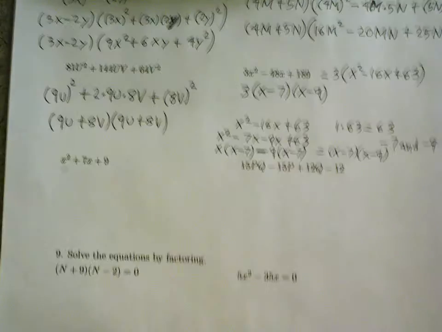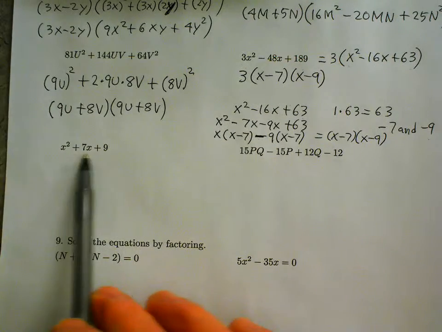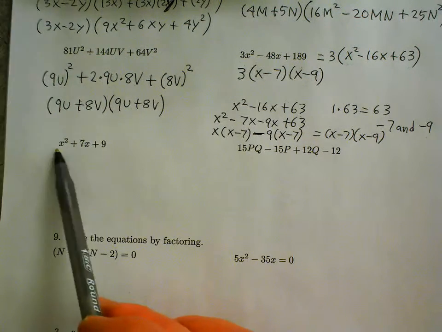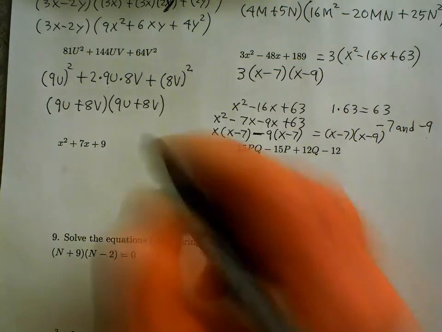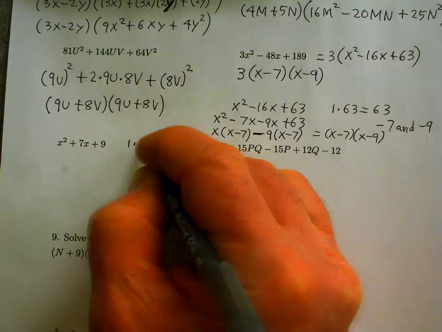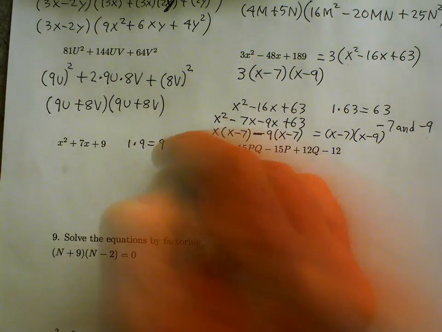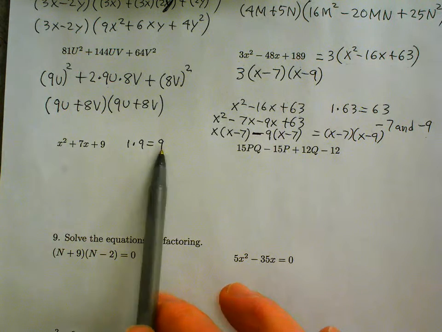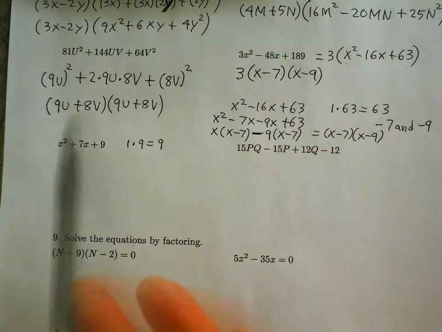Okay, the next example, x squared plus 7x plus 9, factor this. The greatest common factor is 1, so let's try the AC method. 1 times 9 is 9. Find two integers that have a product of positive 9 and a sum of positive 7.